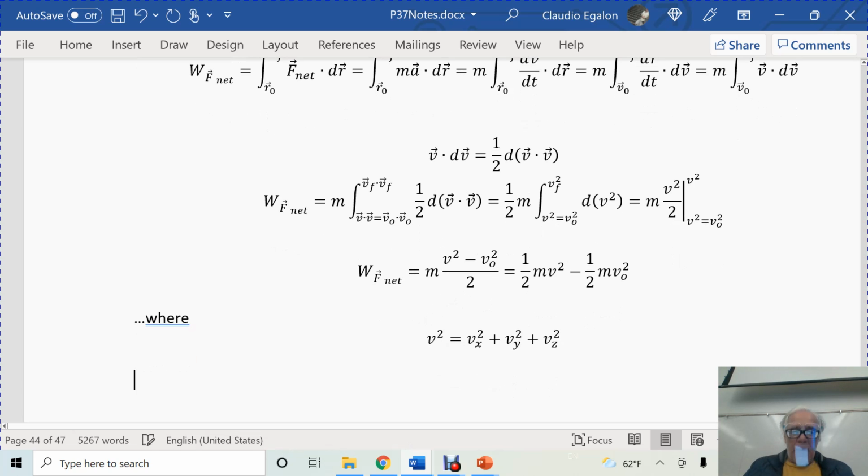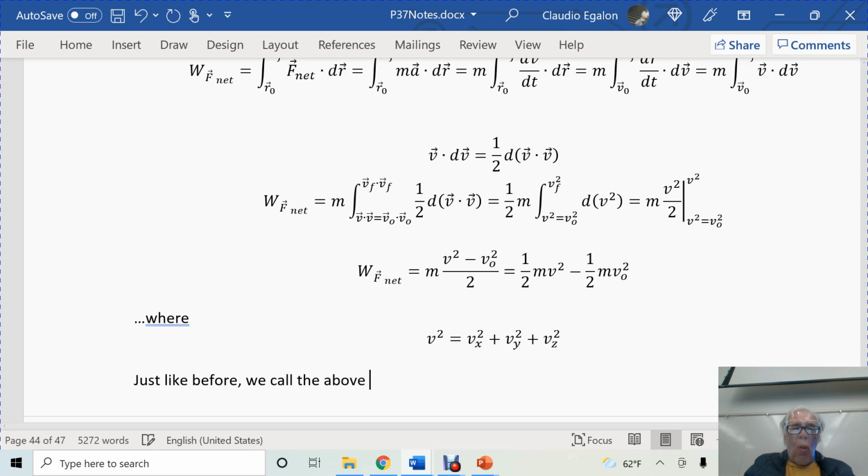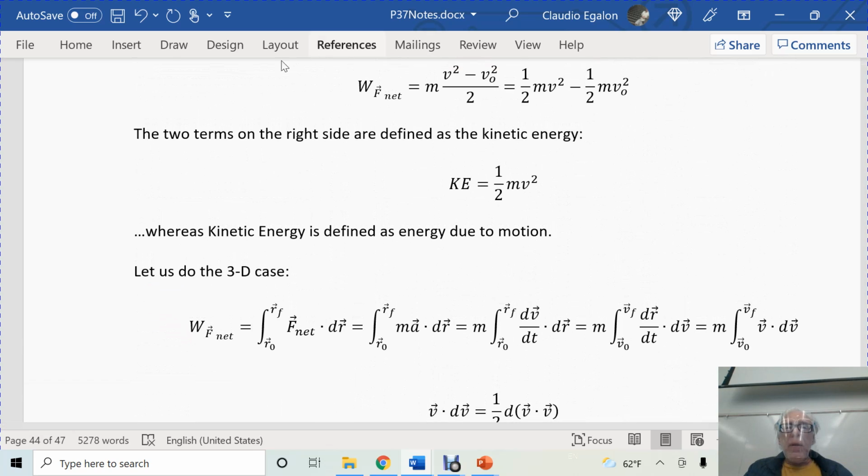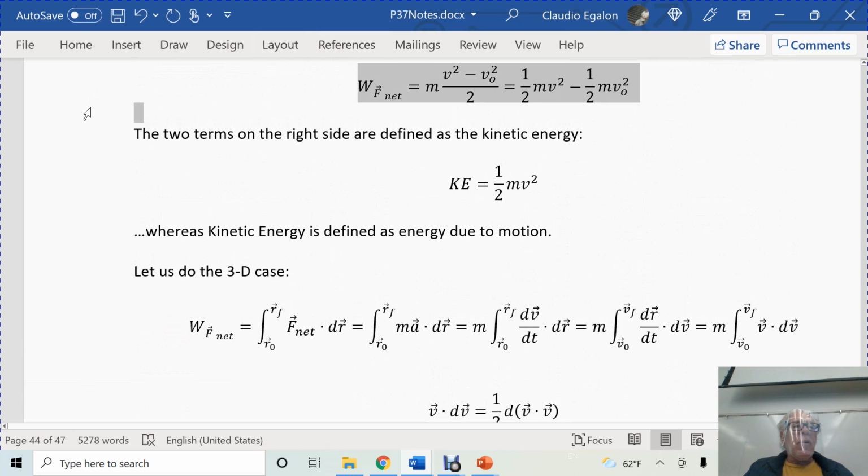Just like before, we call the above term the kinetic energy. And by the way, I didn't finish the previous one. Just one small step here.